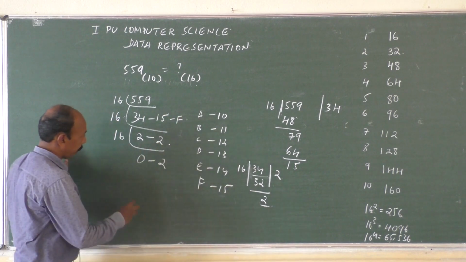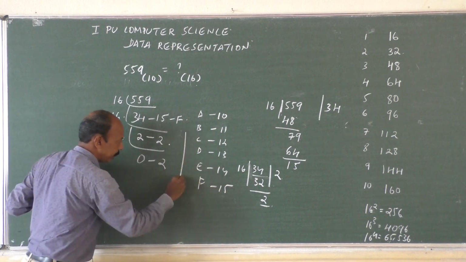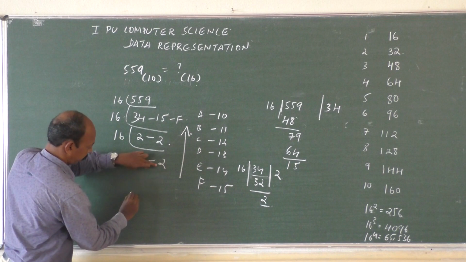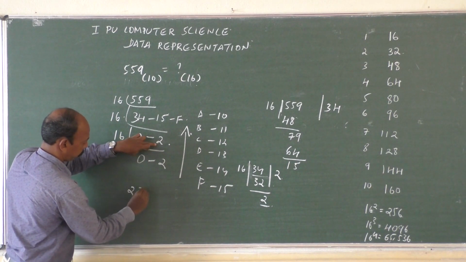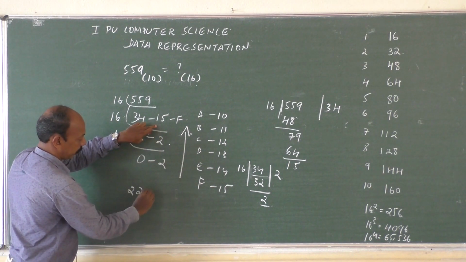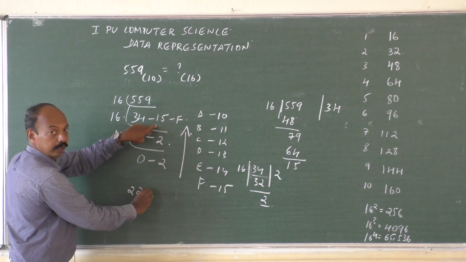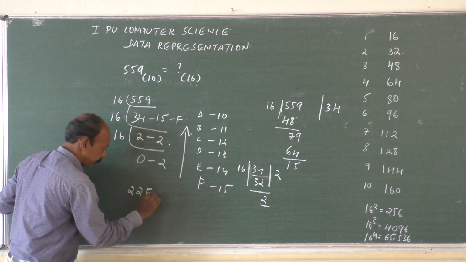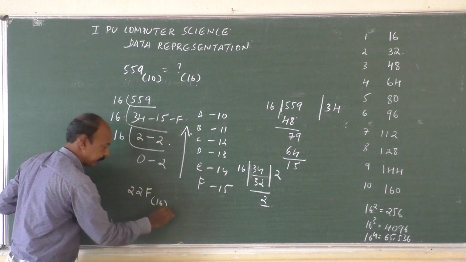So what we have to write now, this way, this will be 2, 2, F. Don't write 15. If you write 15, that will be wrong. So it will be 22F to the base 16.